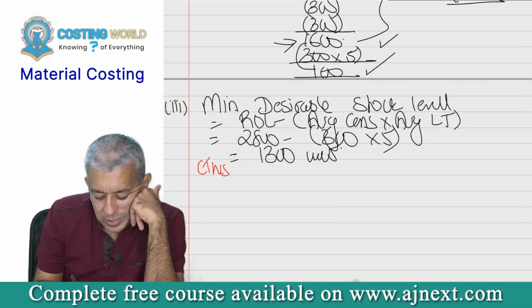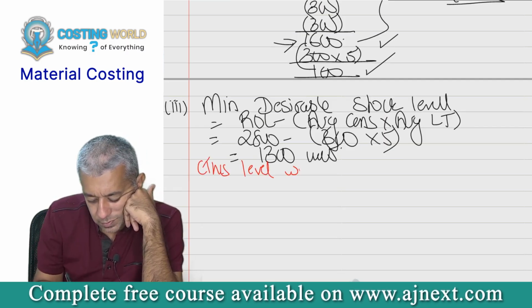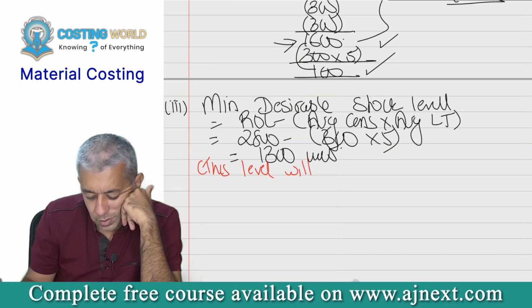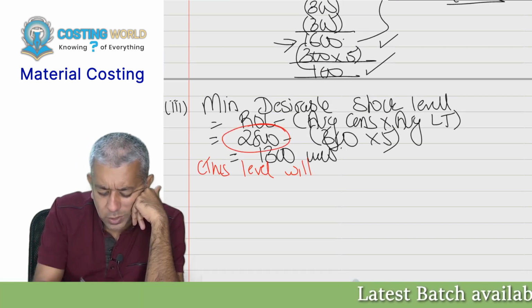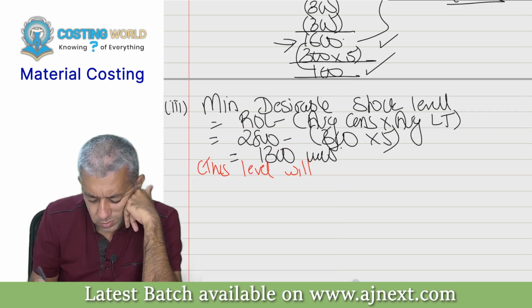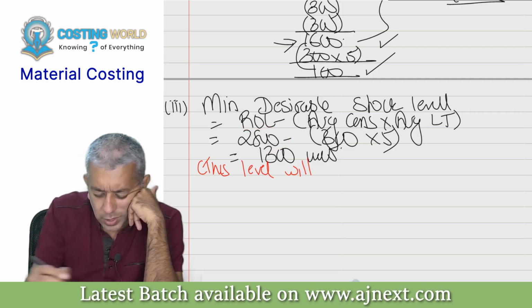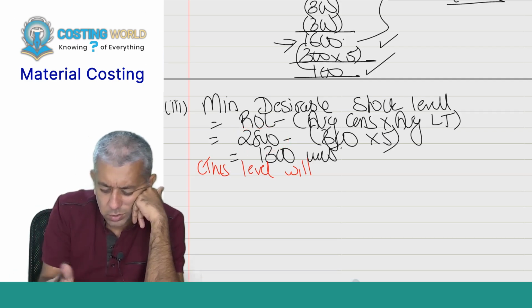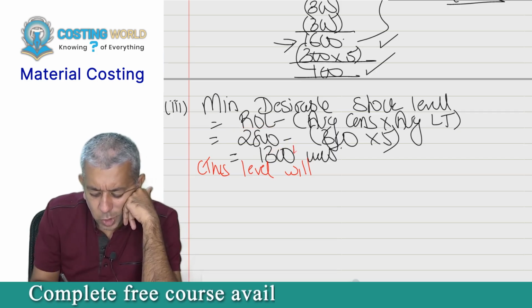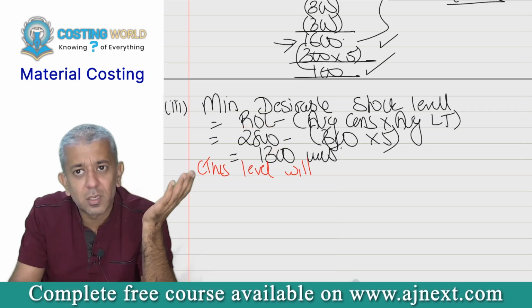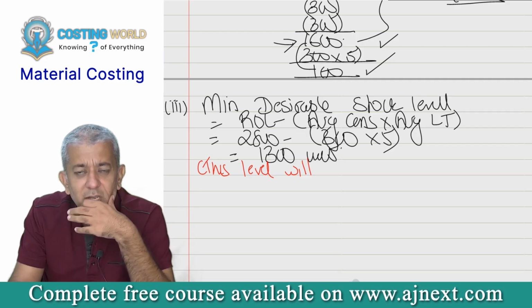Write down this level. Sir, why are we not taking buffer stock into consideration? Beta, that comes as part of this. In ROL it is already there, 100 units. Your 1300 will have that 100 within itself.